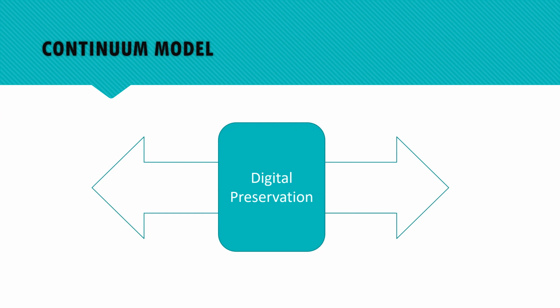So if records are created in file formats that are very difficult to preserve digitally, then that's going to impact the choices that archives have to make and the options that archives have when preserving digital records. If records are created in file formats that are very easy for archives to preserve digitally, then that's going to impact the choices and options that archives have as well.